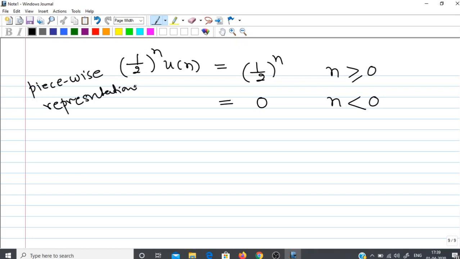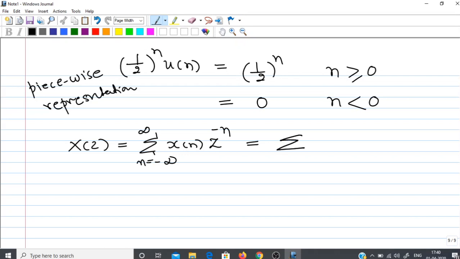And now we have to find the Z transform. So from the definition, X(z) is the summation over n, with n running from minus infinity to plus infinity, of x[n] z to the power minus n. But from this piecewise representation, it is very clear that the sequence is 0 for n strictly less than 0. So we split this summation into two parts.